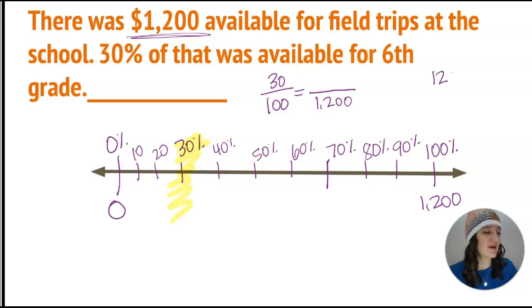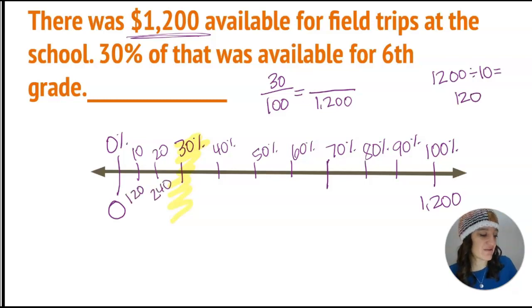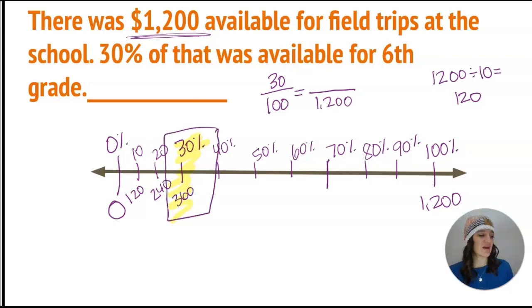So if we're at 1,200 total, and we want to divide that into 10 percentages, then that will be 120. So we'll go 120, 240, 360. Boom. So how much is available for 6th grade?